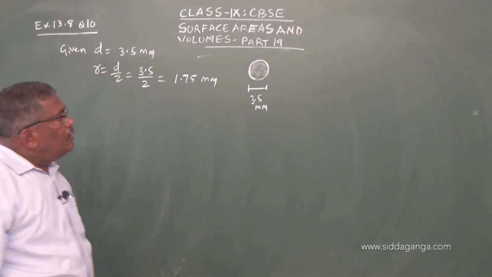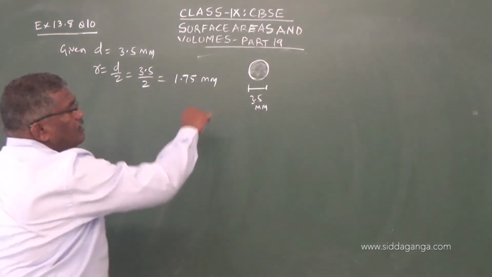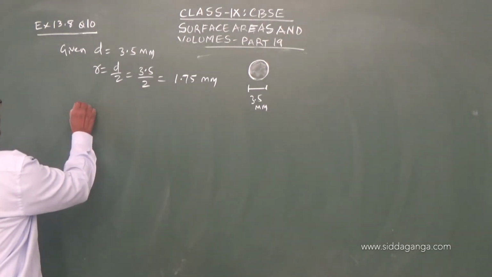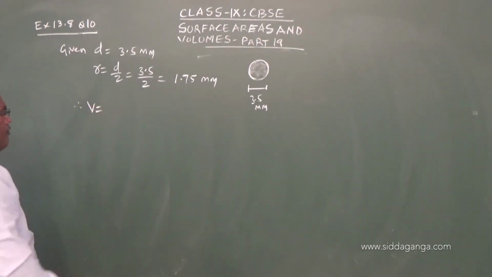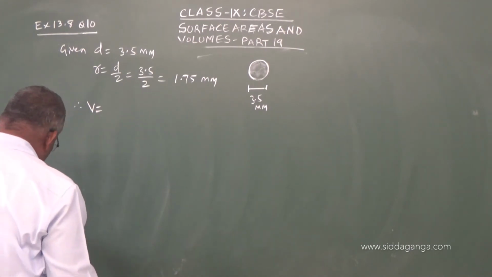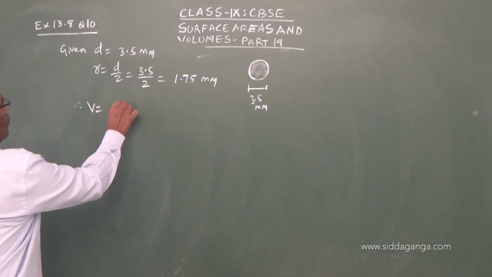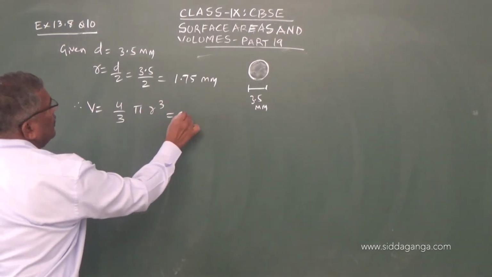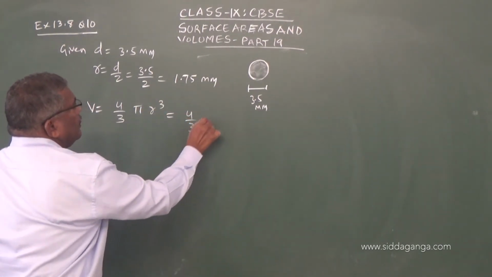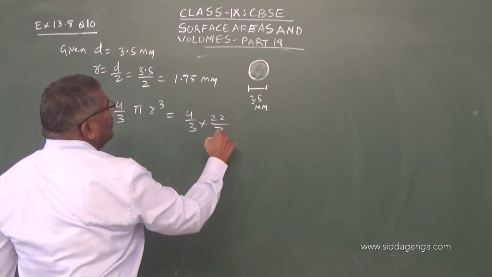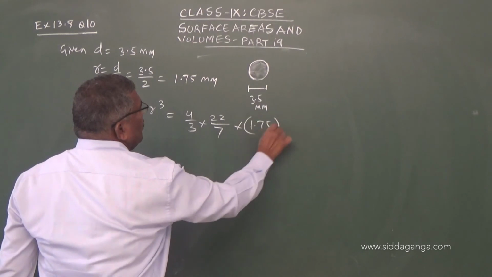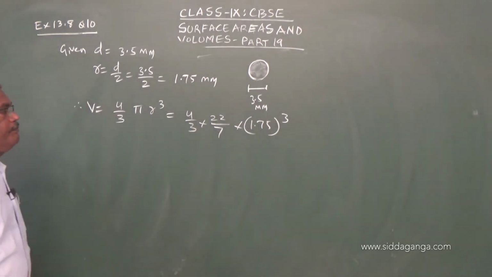Now the question is how much medicine is needed to fill this. So volume is given by 4 by 3 pi r cube. So 4 by 3 pi r cube, that is 4 by 3 into 22 by 7 into 1.75 whole cube.